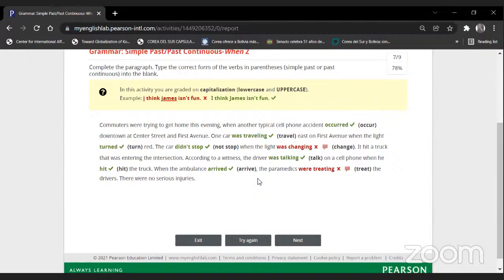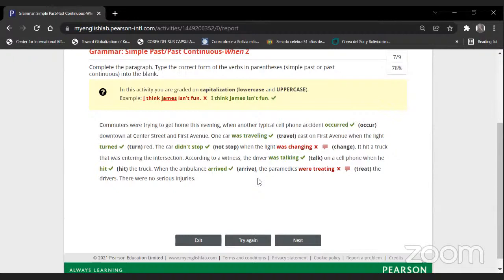Okay. The light was changing, so was it in a progressive? Or when we change the light, it only starts and ends. When the light changes, right? So we couldn't make it in a progressive way. The other, yes, when the ambulance arrived.